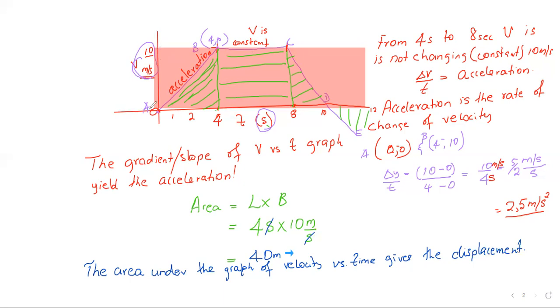Then V will be 0, which means at D, the object is stationary. And now what is of interest is what happens between D and E.